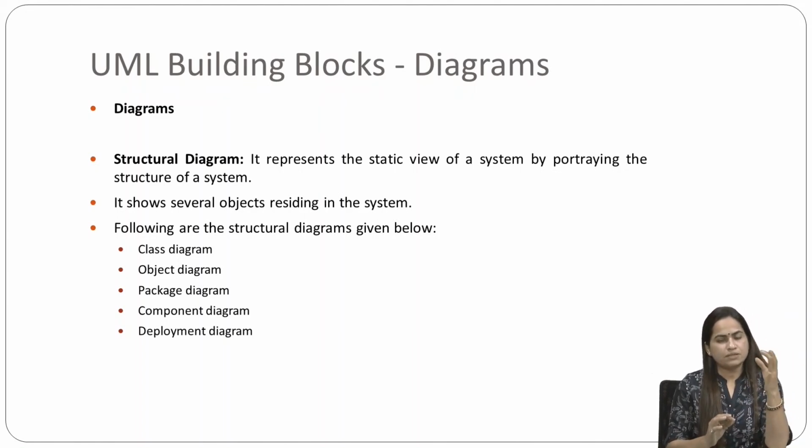Structural diagrams mean the static view of your system. By portraying the structure of a system, it shows several objects residing in the system. Some examples of structural diagrams are class, object, package, component, and deployment.